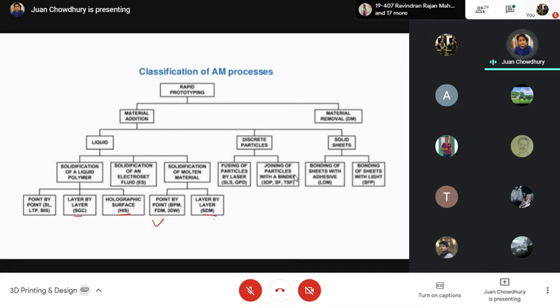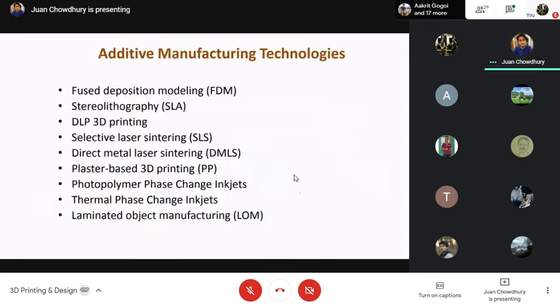SDM is not covered yet. So quite a bit of it is left. We are going to cover SLS, LOM and DLP today. These 4 parameters we'll cover.